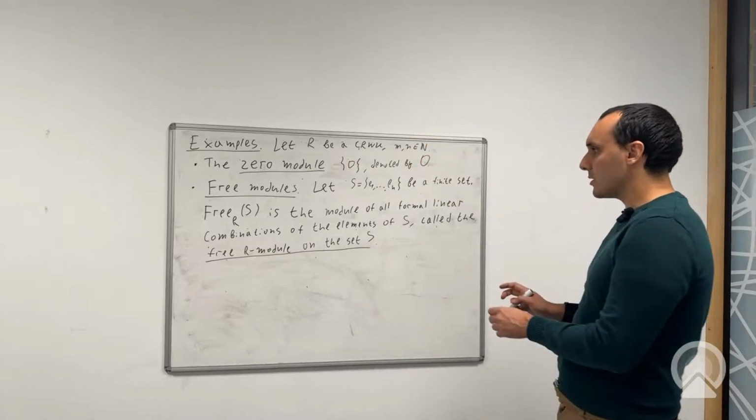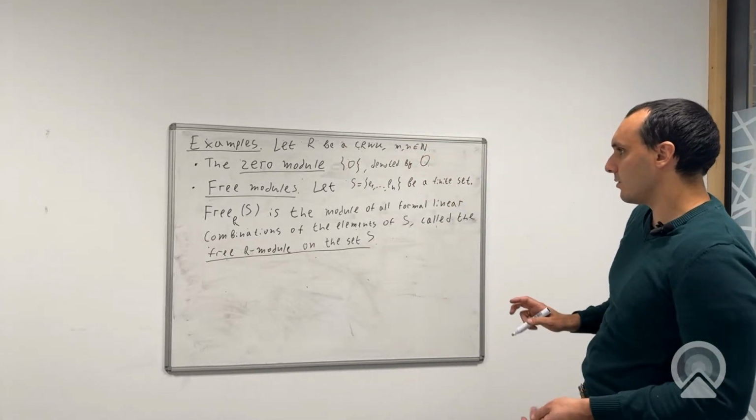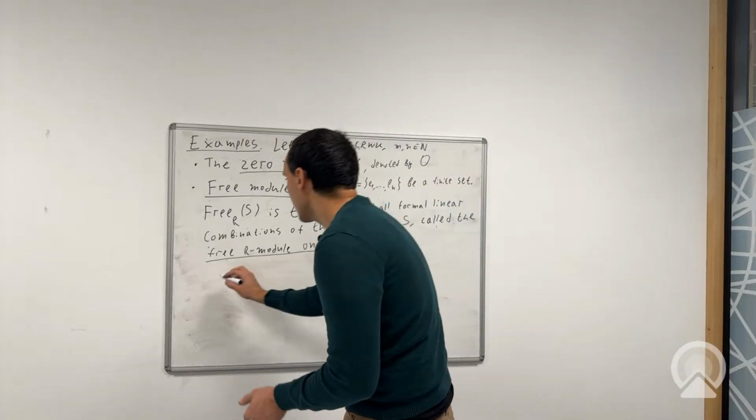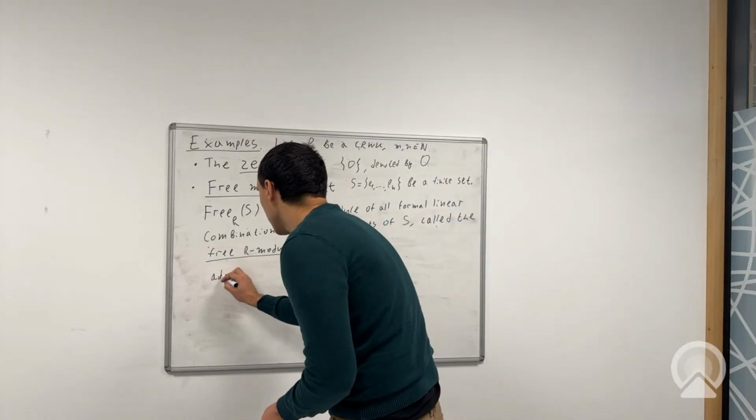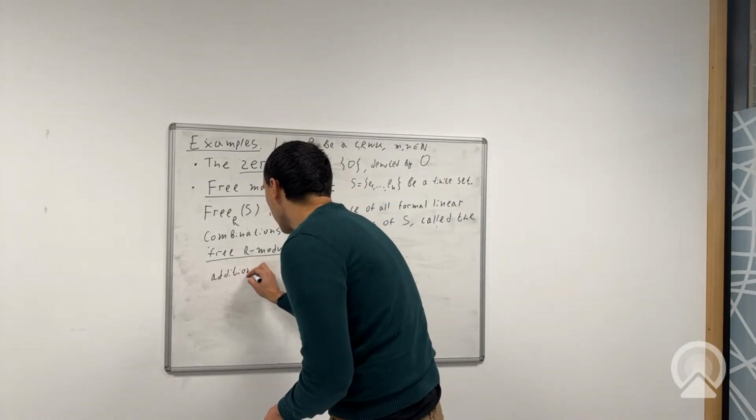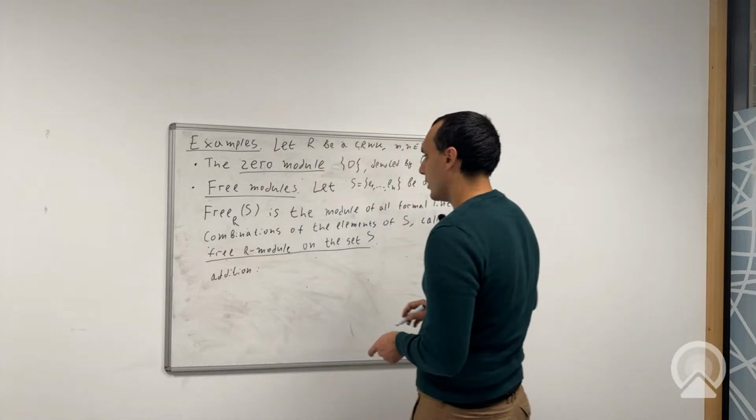So this is the space of linear combinations. So how do we define operations? So addition, we define addition as follows. Addition is defined the following way.